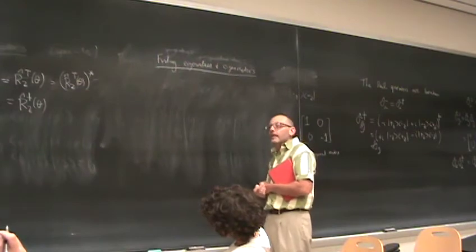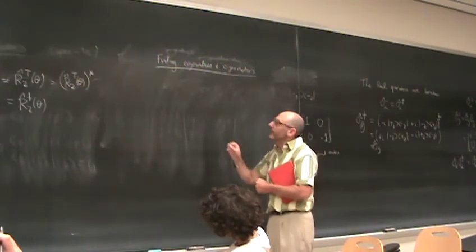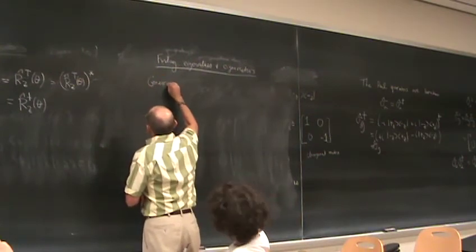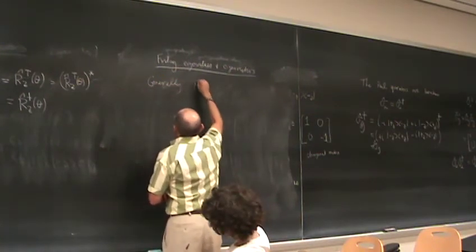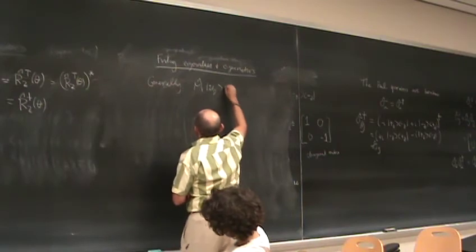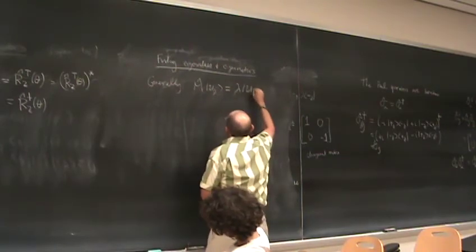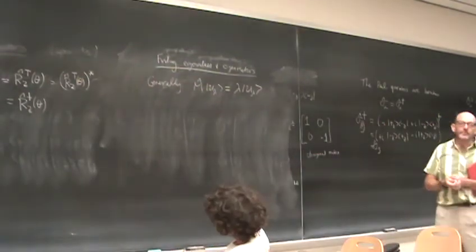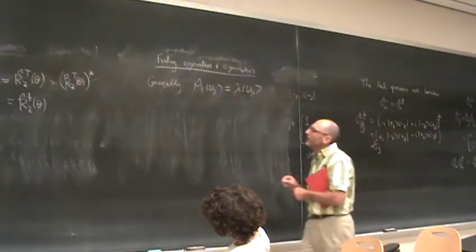The defining equation is written over here. Generally, an eigenvector satisfies that it stays the same up to multiplication by the eigenvalue.